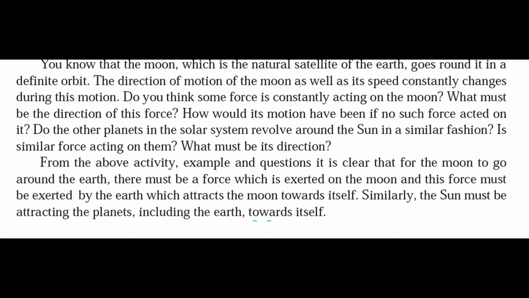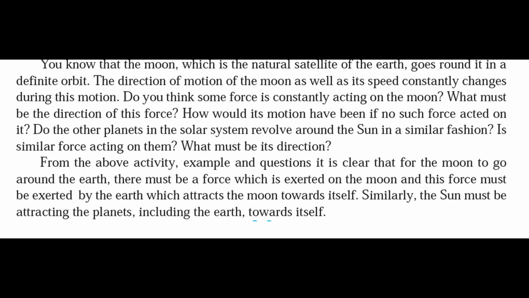Now, from the above activity where you were rotating a string with the stone attached, the answers to these questions of the moon and planets moving round are pretty clear.